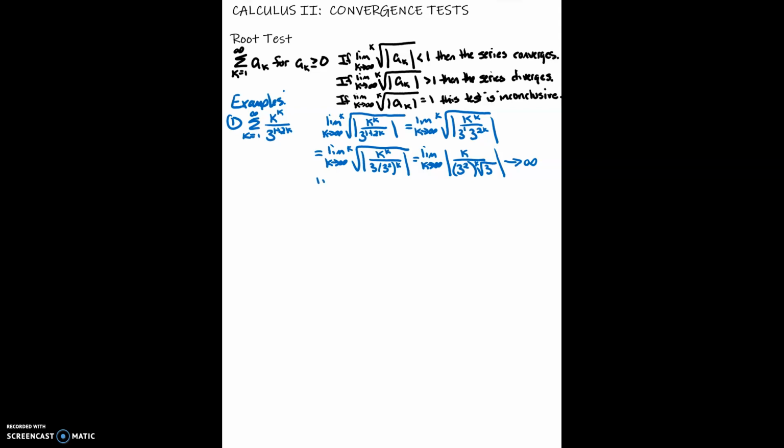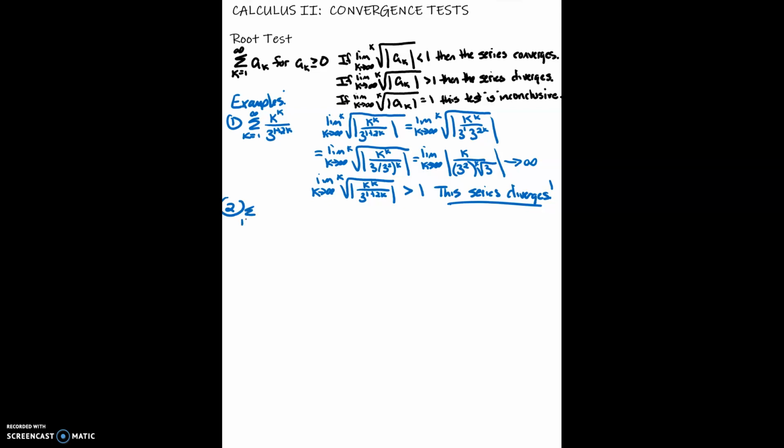That tells me that this limit, since it's approaching infinity, it must then be greater than 1. Greater than 1 tells me that the series converges. I'm sorry, what did I say? Greater than 1, the series diverges. Okay, not so bad. Let's try another.